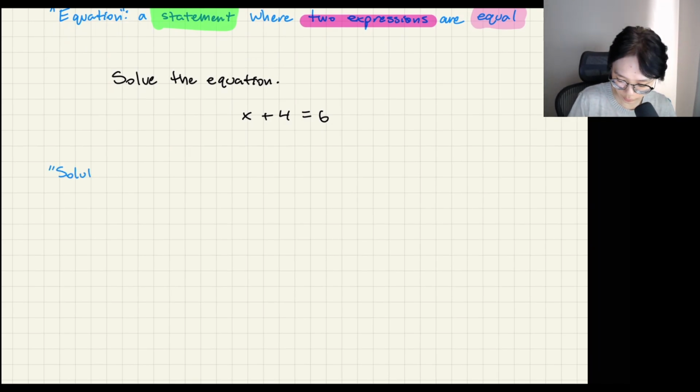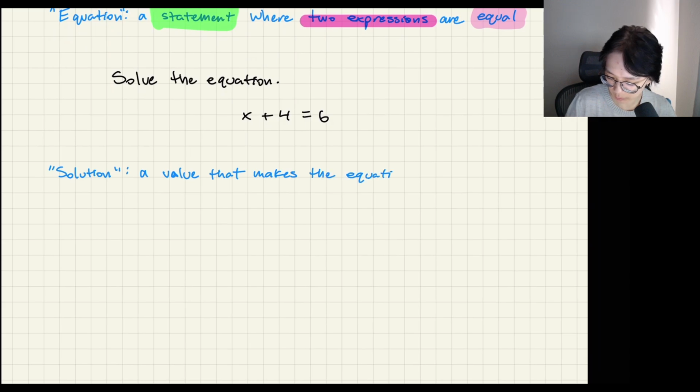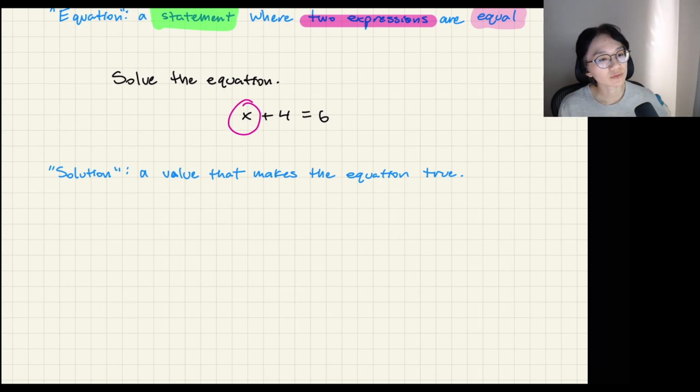A solution to an equation is a value that makes the equation true. So basically you need to find what this variable can be or should be.